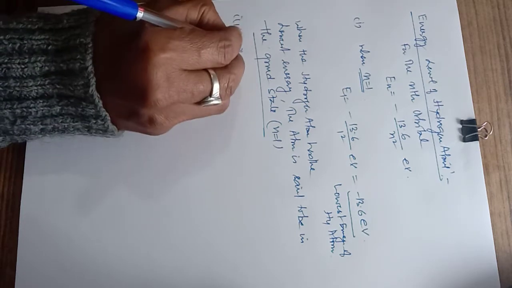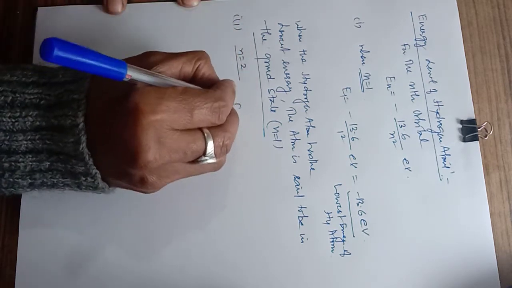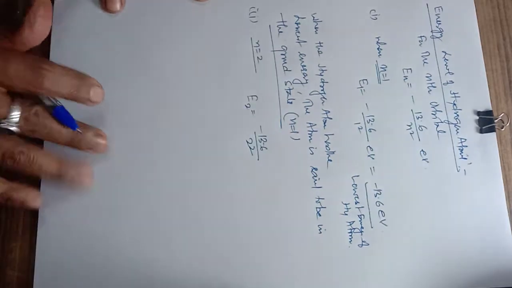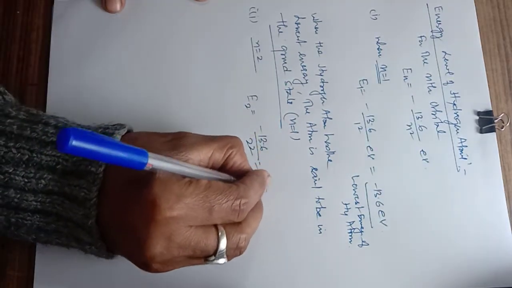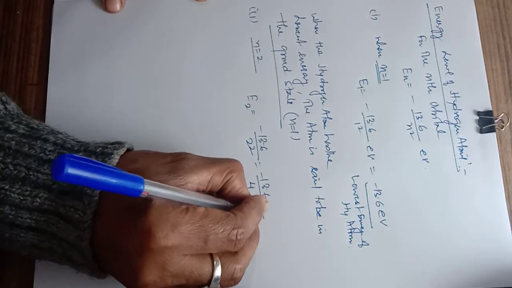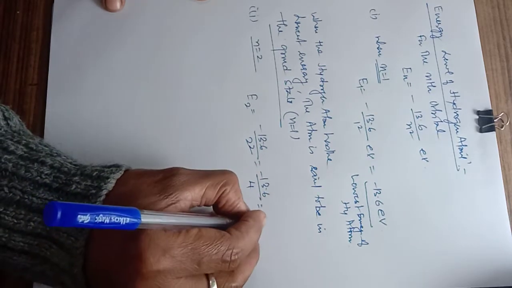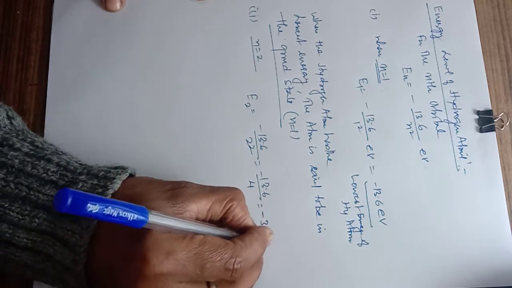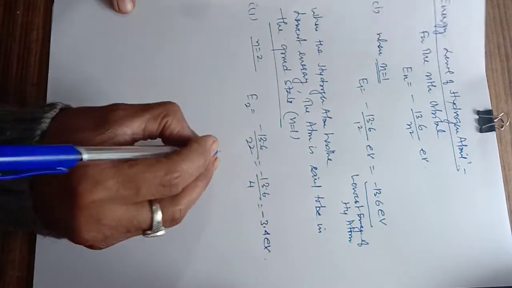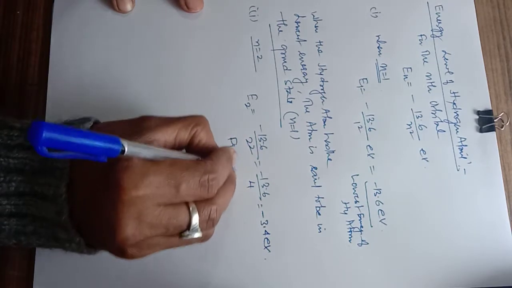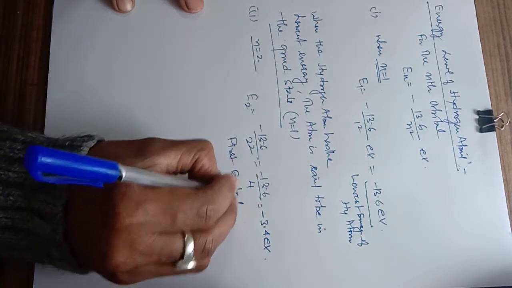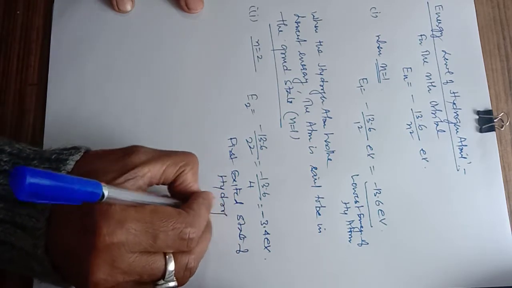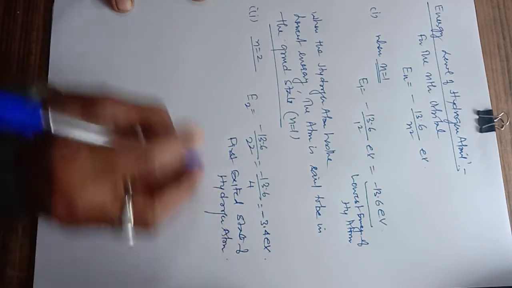Now, when n is equal to 2, then E2 is equal to minus 13.6 upon 2 square, minus 13.6 upon 4, and it becomes minus 3.4 electron volt. This is the first excited state of hydrogen atom.